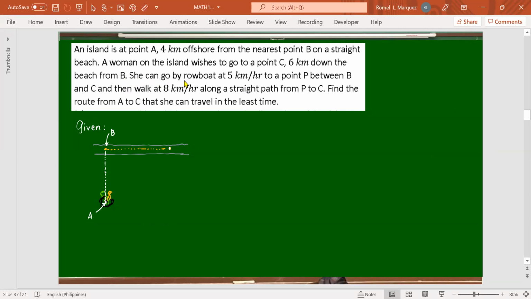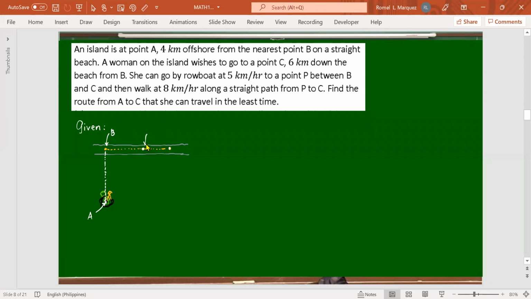From B, she can go by rowboat at 5 kilometers per hour to a point P between B and C, but not necessarily at the midpoint. Just somewhere between here or here. Let's have it here.